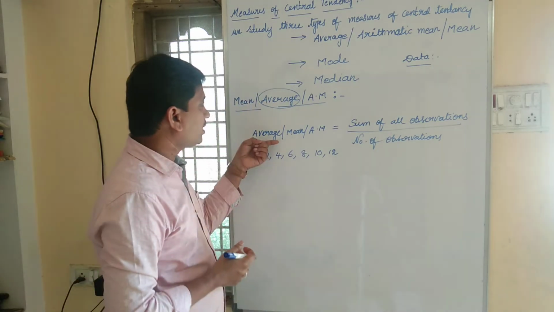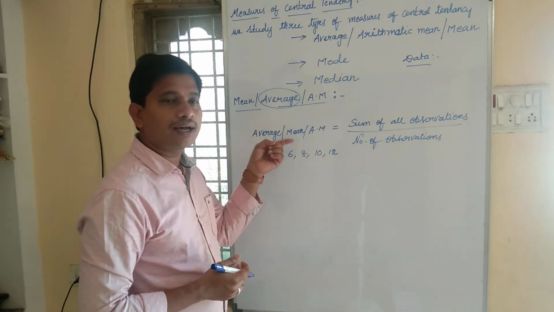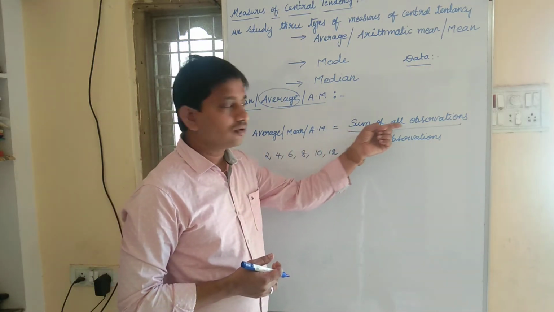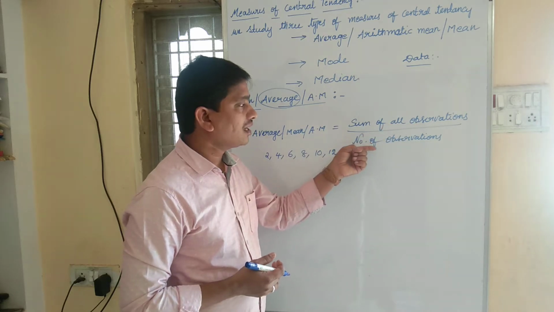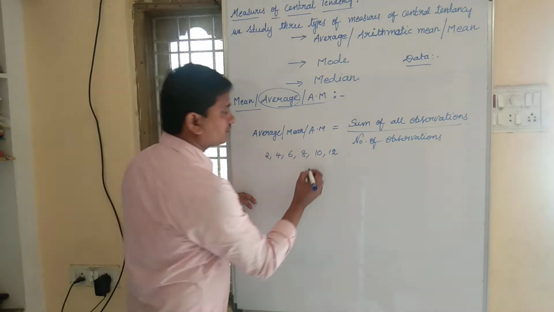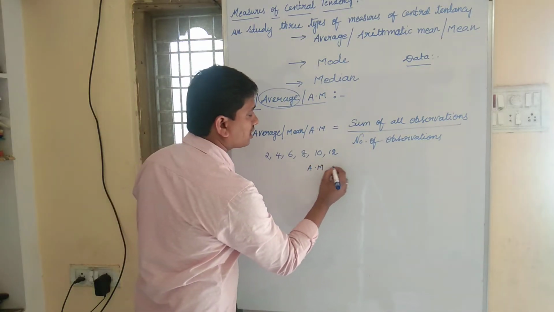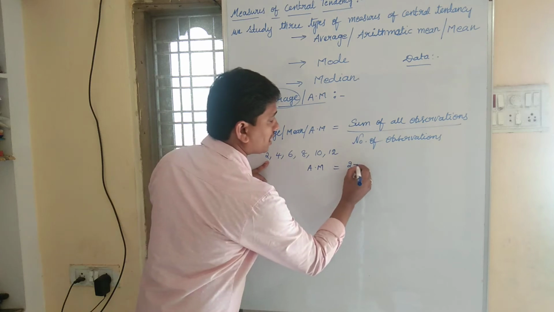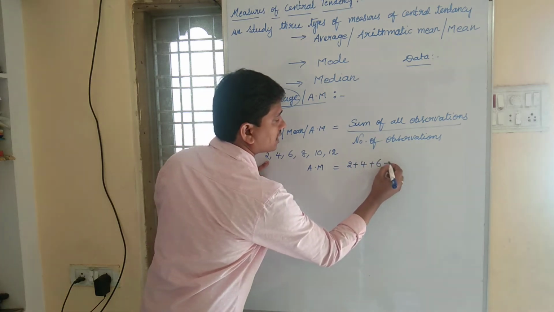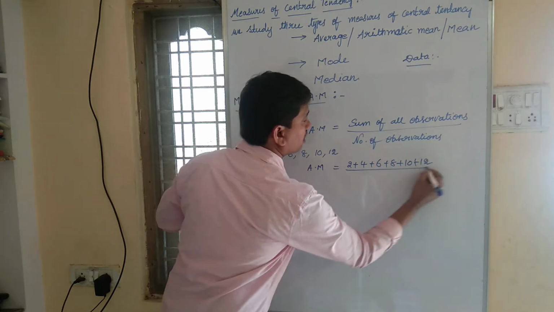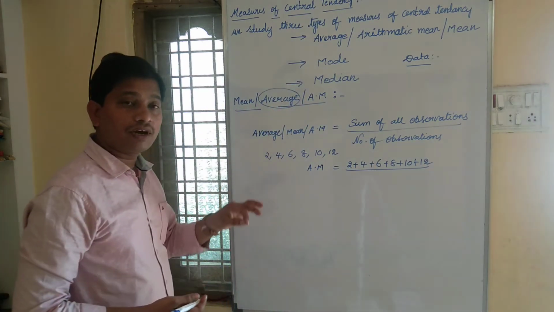As we know, average or arithmetic mean equals sum of all observations by number of observations. So here arithmetic mean is equal to sum of all observations, 2 plus 4 plus 6 plus 8 plus 10 plus 12, divided by number of observations.